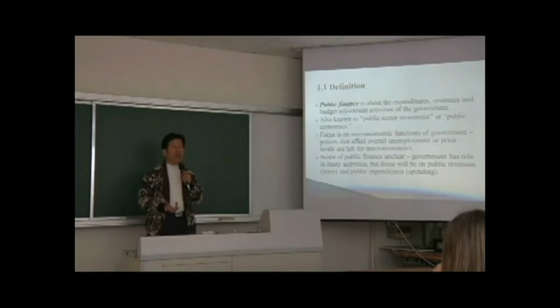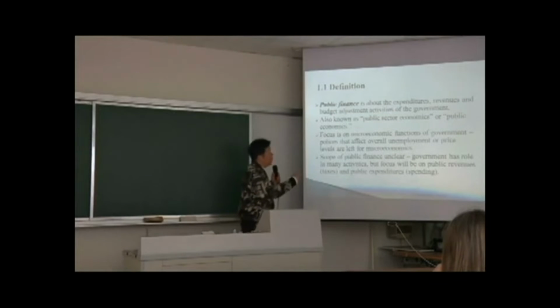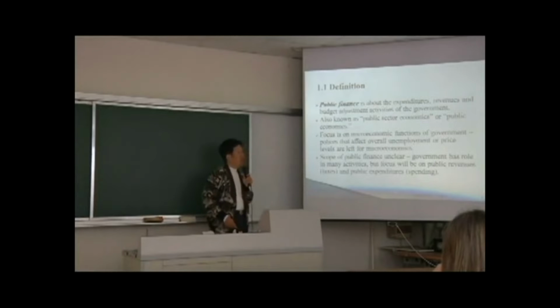Then if you have some trouble, the government can do more for you. So this is a different system. Okay? So I would like to talk to you, in particular, we use the microeconomic function to do analysis.